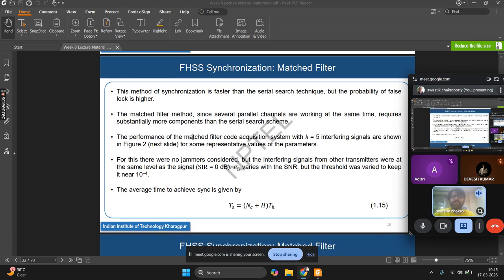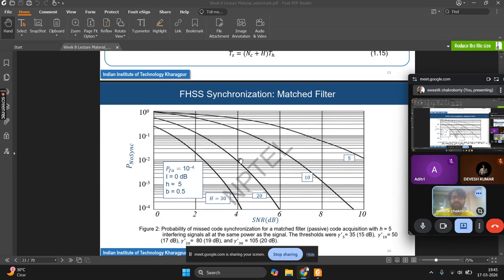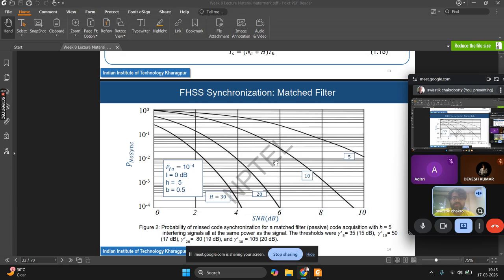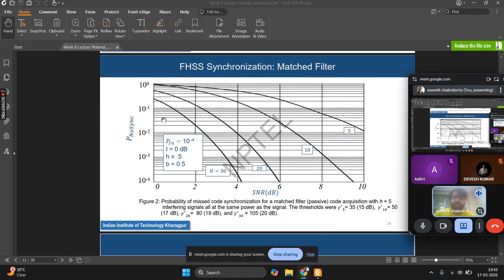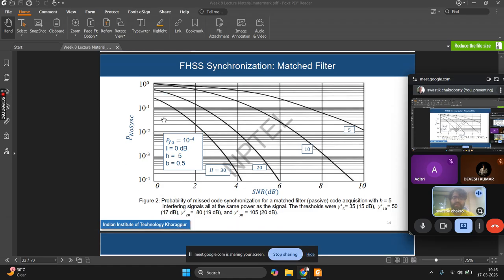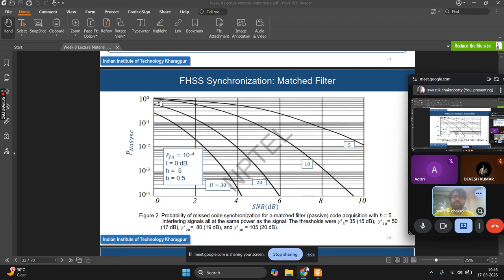Okay, the performance of the matched filter code acquisition system with H equal to 5 interfering signals. If there are 5 interfering signals, you can see this is the probability of missed code synchronization. As you increase the SNR, your probability of missing synchronization reduces.